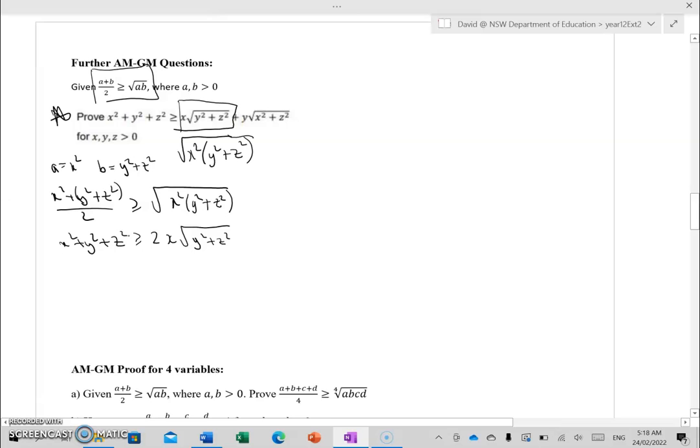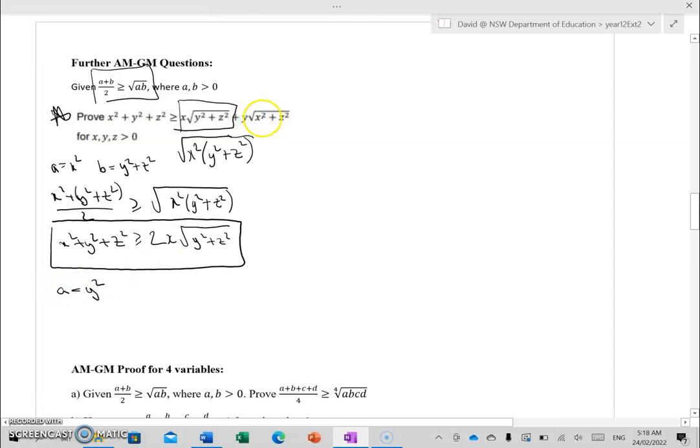So we get that x squared plus y squared plus z squared is equal to this. I'll keep the 2 there.